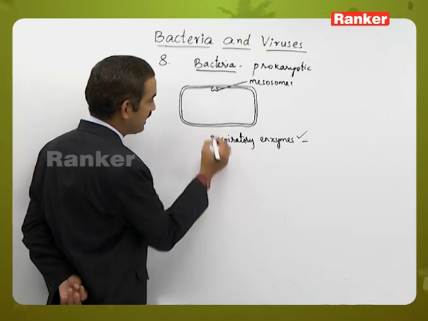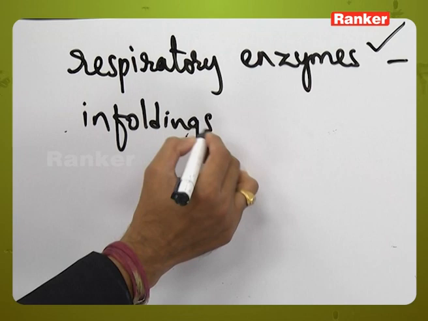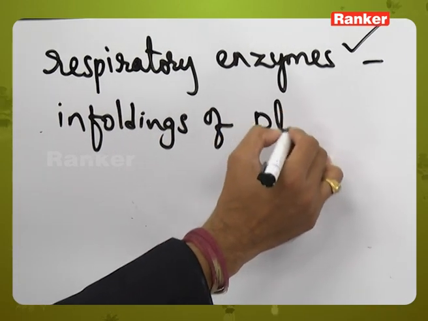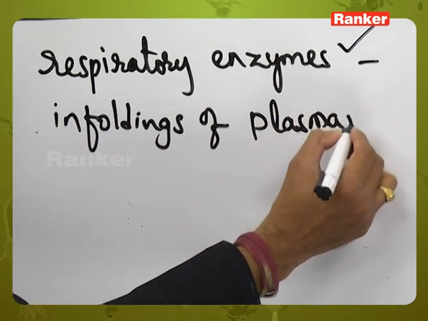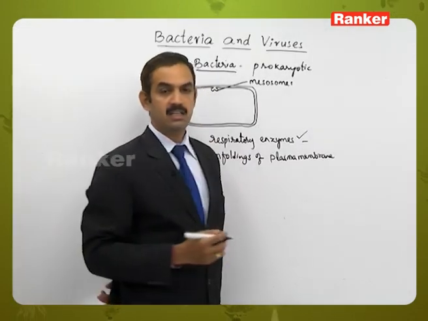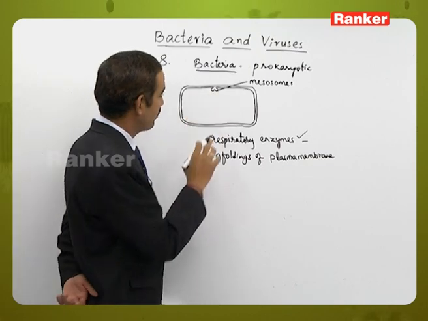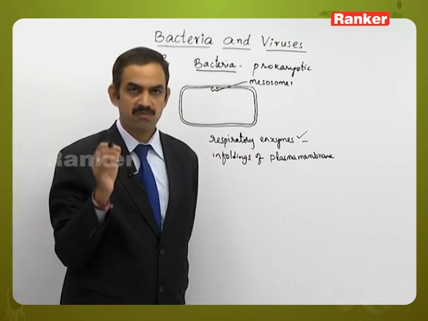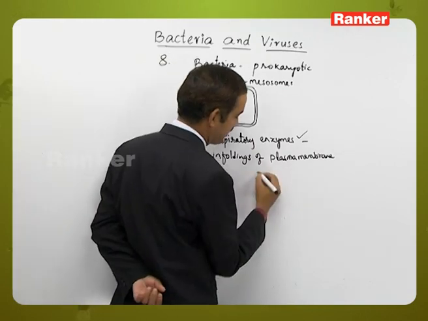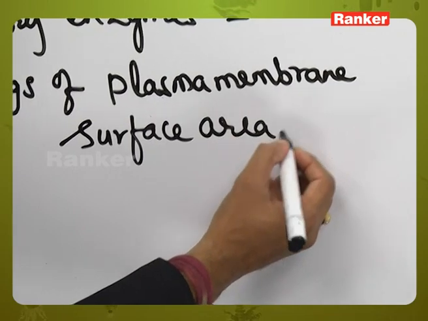And of course, as I said, these are the infoldings of the plasma membrane or cell membrane. When they form the inner foldings, we can see clearly that the surface area of the plasma membrane increases.